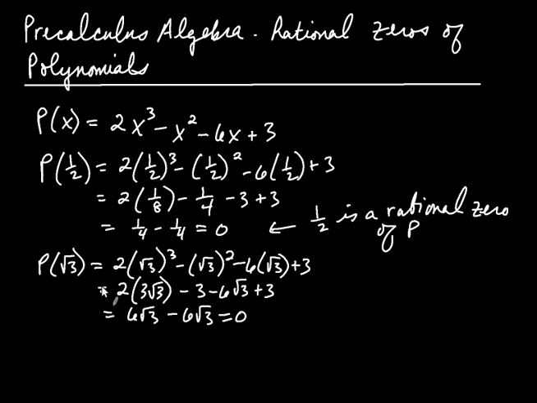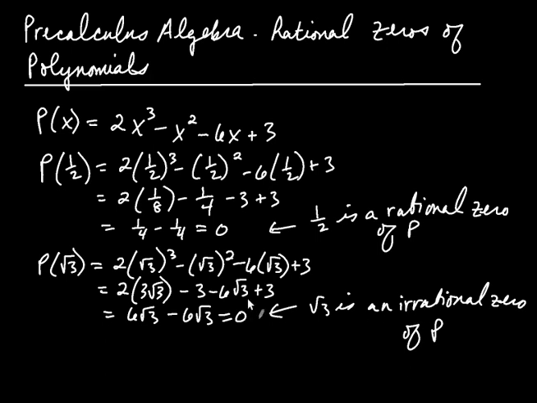So we plugged in root 3 and we got 0, and for that reason we say that root 3 is an irrational zero of p. Irrational because root 3 is an irrational number. It can't be written as a fraction.